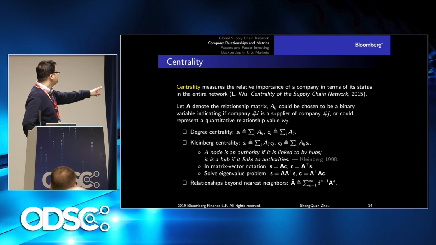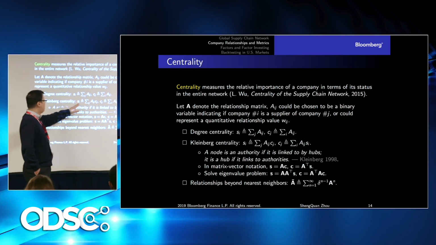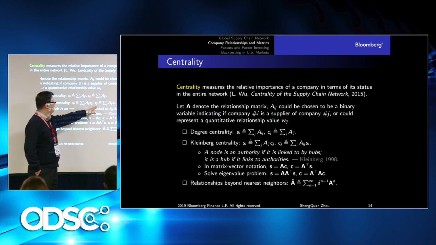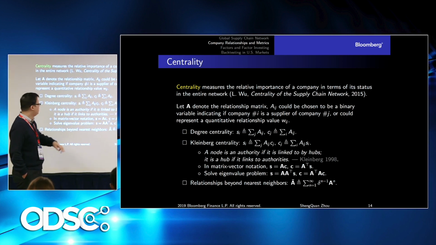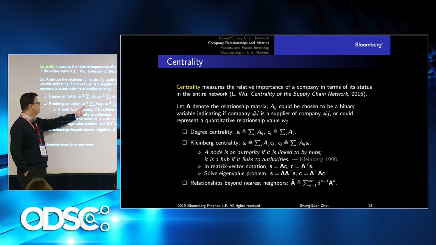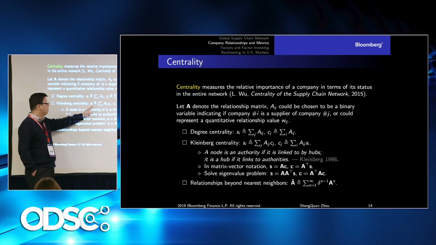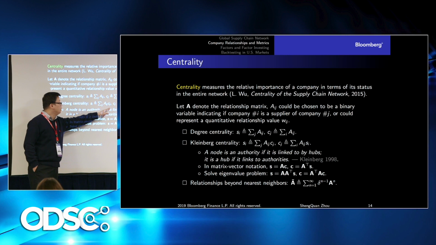So if you define the vector S, just to point out, this vector Si is a supplier centrality score, and the vector Cj, C, is the customer centrality score. Basically, I represent the supplier centrality as a linear combination of the customer centrality of its customers and vice versa.